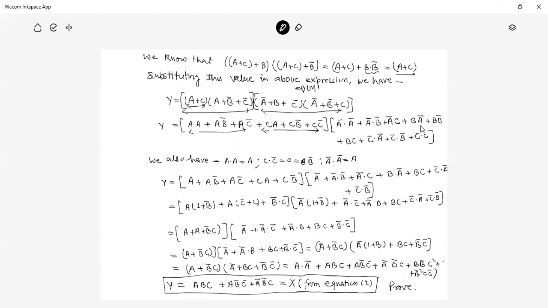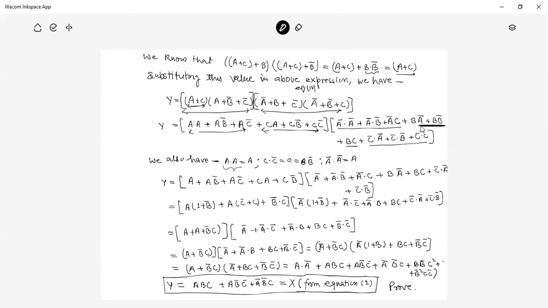Similarly, A bar is multiplied with A bar, B bar, A bar C. Similarly, B multiplied gives B A bar, B B bar, and B C. And here C bar multiplied gives C bar A bar, C bar B bar, C bar C.